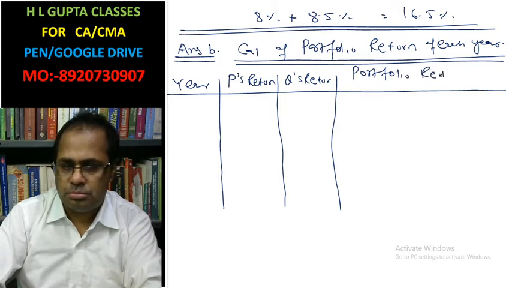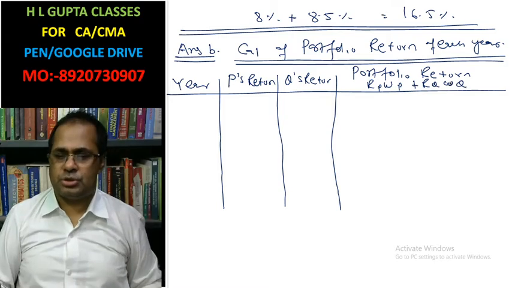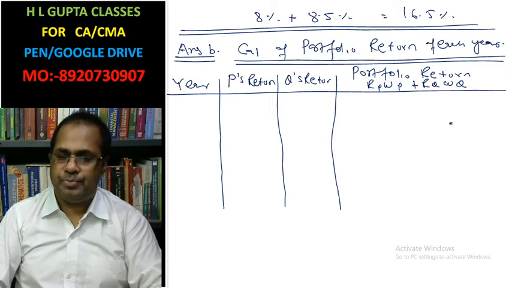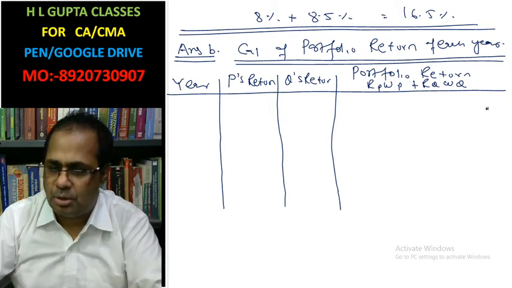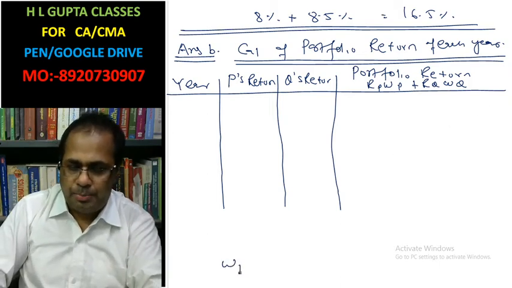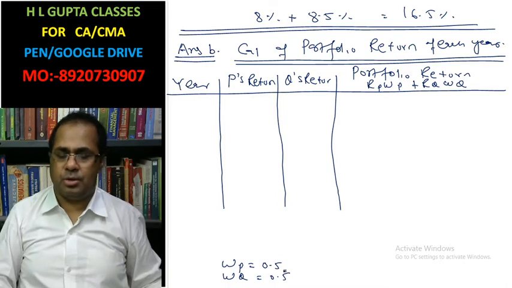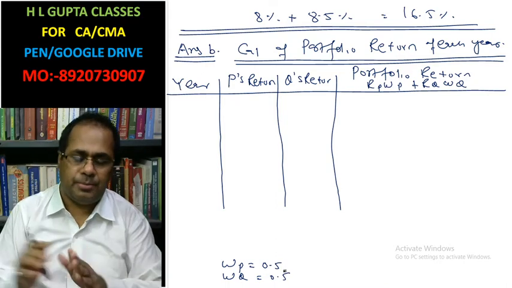Portfolio return is the return of P times the weight of P, plus the return of Q times the weight of Q. In the given question, the weight of P is 0.5 and the weight of Q is 0.5.